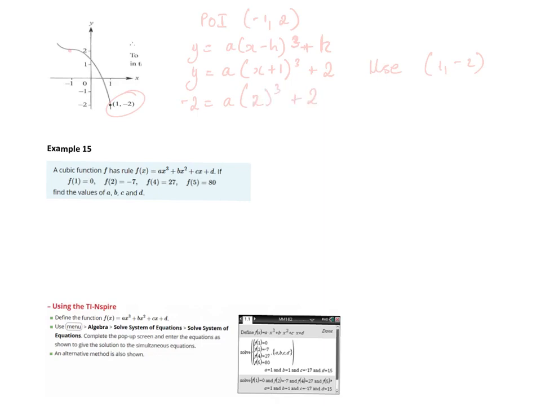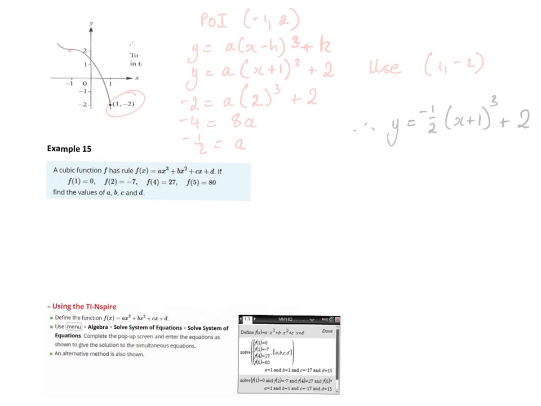Bring the 2 across, -4 equals 8a, minus 4 on 8 is minus a half is equal to a. So therefore, what is the equation for my graph? It would be y equal to minus a half, x plus 1 cubed, plus 2. So that is in point of inflection form.